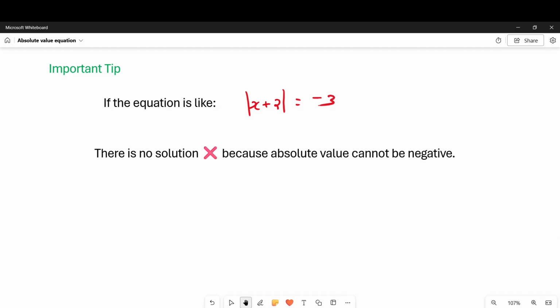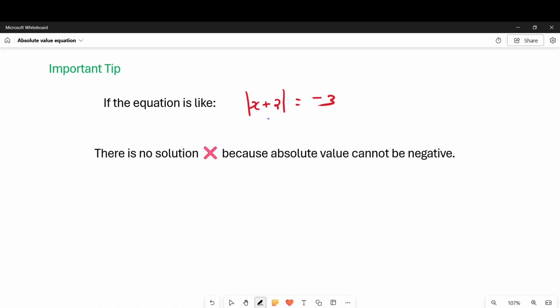Okay, so there's an important tip before solving an absolute value equation. If an equation comes like this, the absolute value of x plus 2 is equal to minus 3, then as per the absolute value definition, whatever the value inside the absolute value, it considers the distance from 0. The distance from 0 cannot be negative.